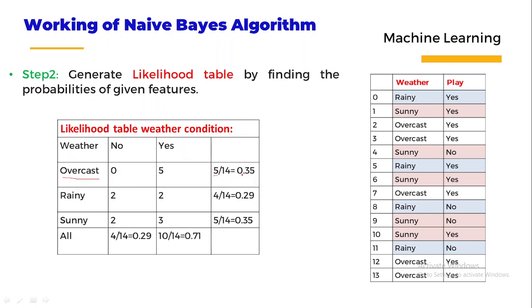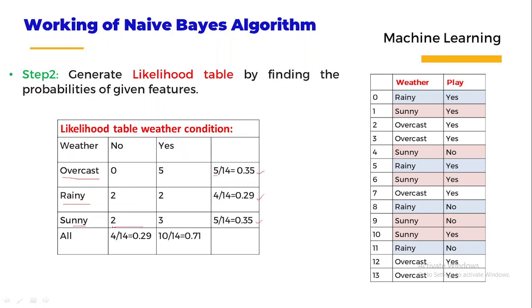So 5 divided by 14 equals 0.35. For rainy, 2 plus 2 is 4, and 4 by 14 equals 0.29. For sunny, 2 plus 3 equals 5 divided by 14, which is 0.35. So we have calculated the likelihood for all the feature values: overcast, rainy and sunny.